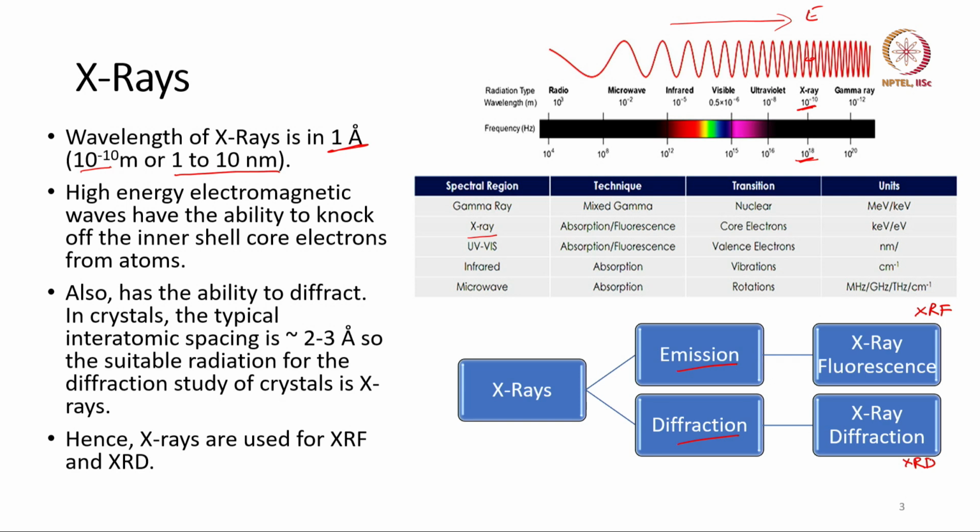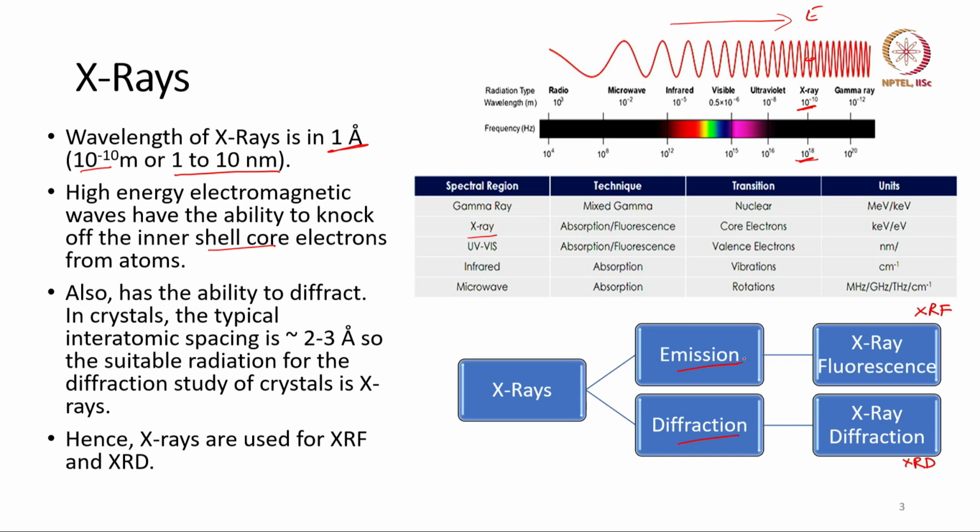So, what are these phenomena? Since X-rays are really high in energy, they have the ability to knock off the inner shell electron, and because of this we have a phenomenon called emission. I will talk about emission in detail in later slides.